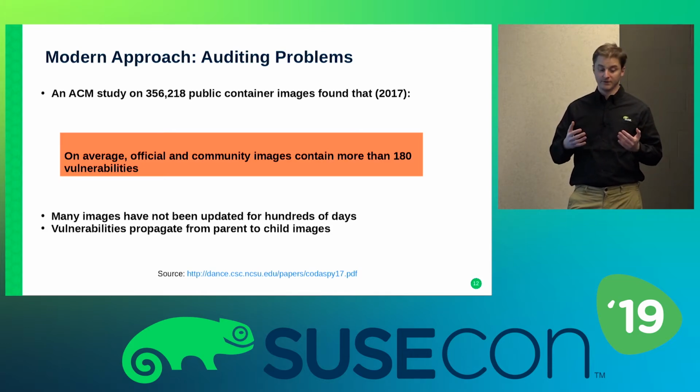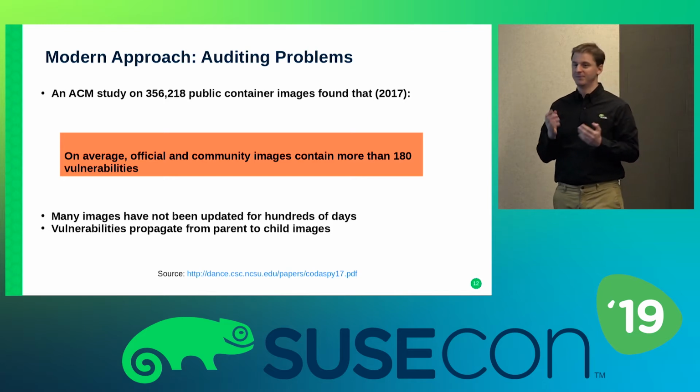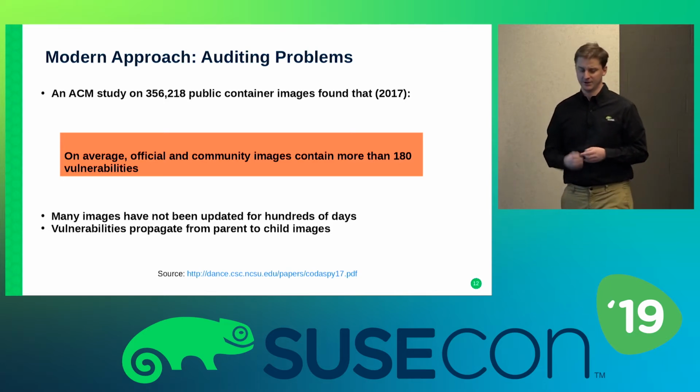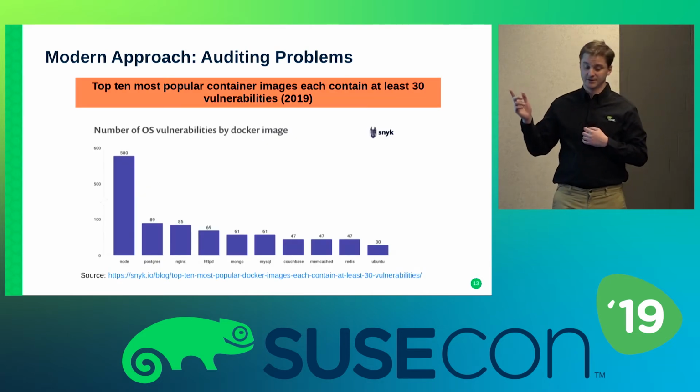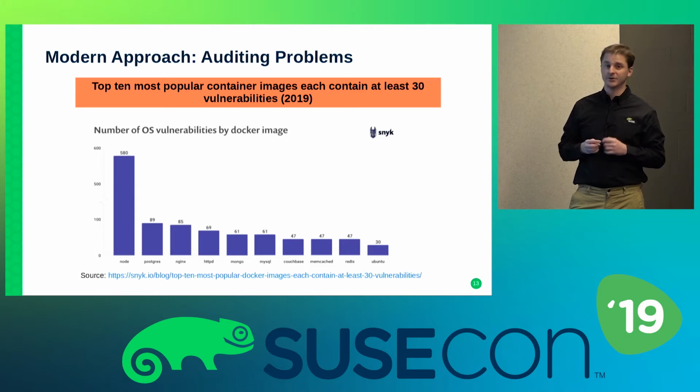Moreover, vulnerabilities propagate from parent images to child images. You might be thinking, I'm not using the public hub for containers. Another study this year showed that there are at least 30 vulnerabilities in public container images.